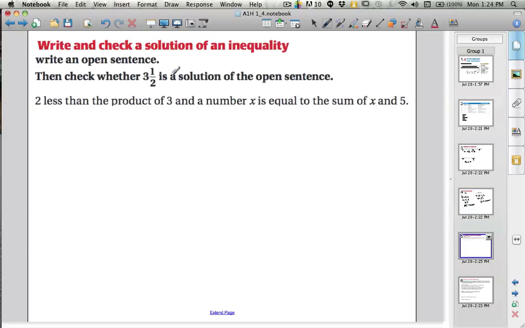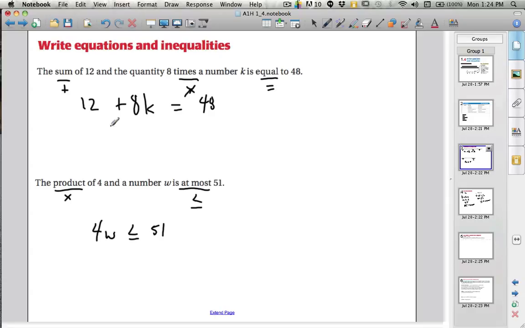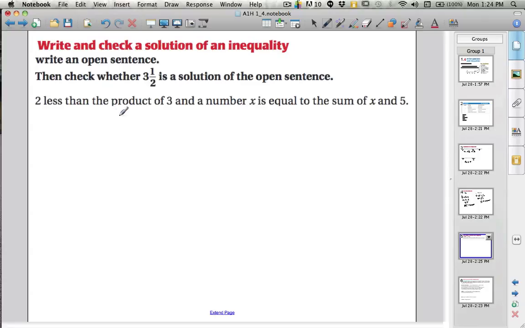Continuing on, we want to write an open sentence and then check whether 3.5 is a solution of the open sentence. If you go back to some of the other things we wrote, when we were writing equations and inequalities, we're writing open sentences. 2 less than the product of 3 and a number x: 2 less is subtraction, the product of 3 and x is 3 times x, is equal to the sum, that's addition, of x and 5.